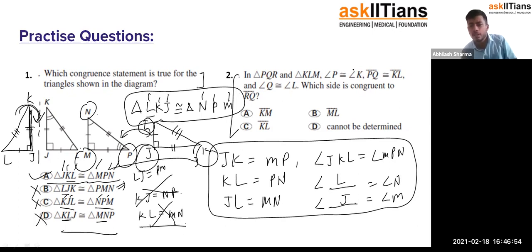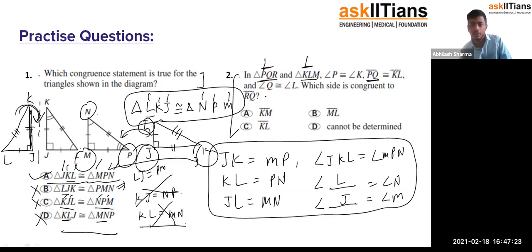In these two triangles, angle P equal to angle K, PQ is equal to KL, angle Q congruent to angle L. Two angles are congruent if and only if they are equal, right? So angle Q equal to angle L also we can say. Which side is congruent to RQ? So look, these are named triangles here, but interestingly, angle P equal to angle K, side PQ is equal to side KL.